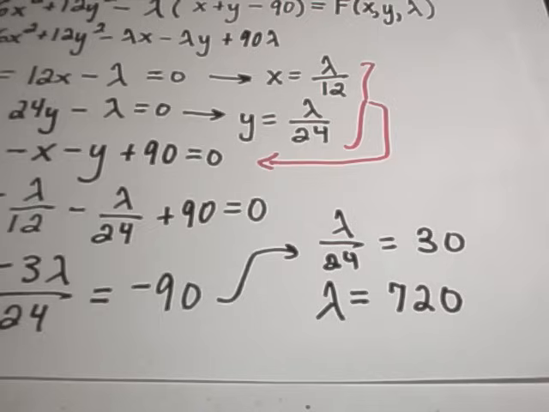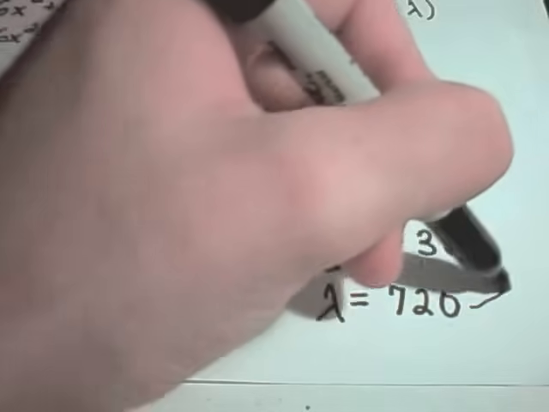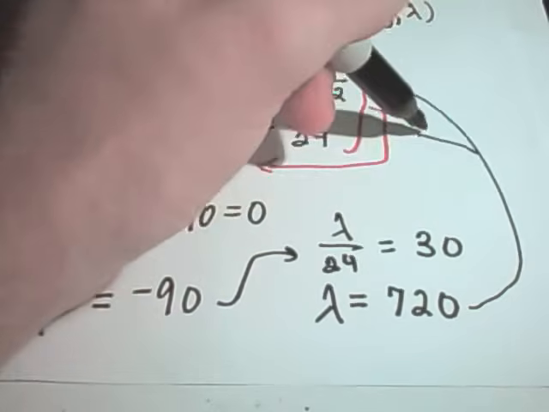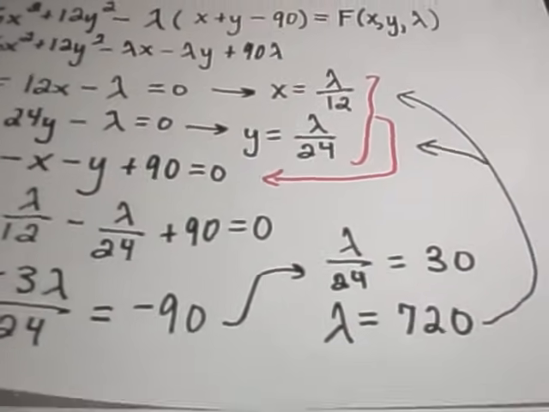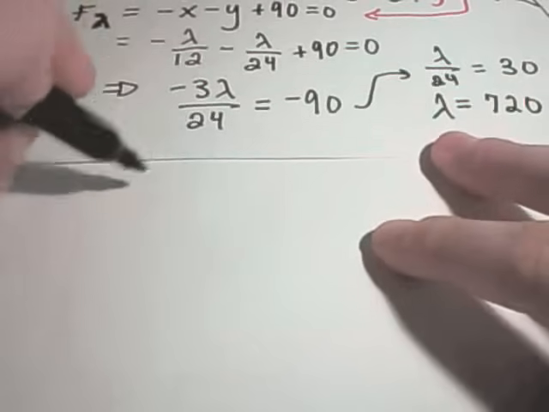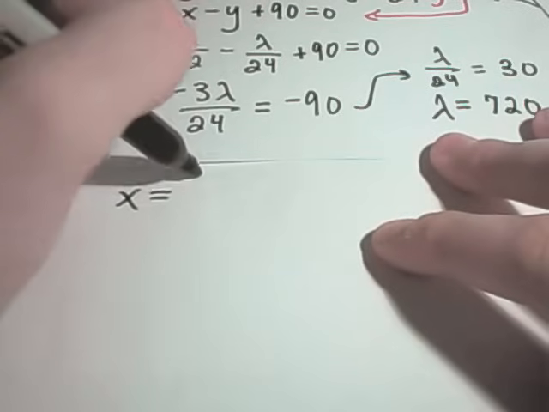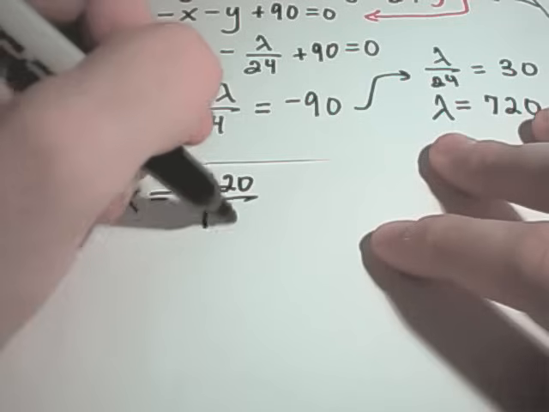Now I'm going to plug lambda back into my x and y values, because after all, I'm trying to find values for x and y that maximize or minimize. So x equals lambda over 12, which is 720 over 12.